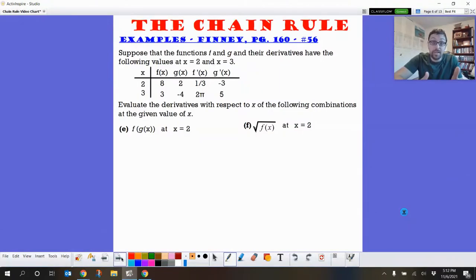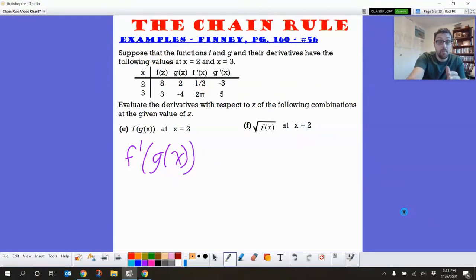Now, in this one, they were kind enough to give us the derivatives of those parts, but they still are basically asking for the chain rule. E is particularly clear that it's the chain rule. It almost looks identical to what we have on our cool calculus card, or what I showed at the beginning of this video. So to figure out the derivative of that at 2, that would be the derivative of our outside, f prime, we still keep that g of x, multiplied by the derivative of our inside, which would be g prime of x.